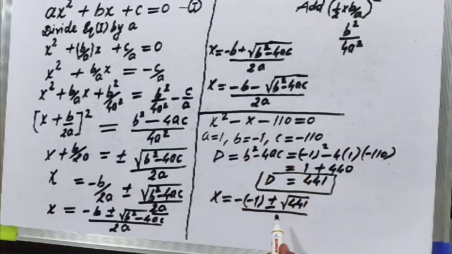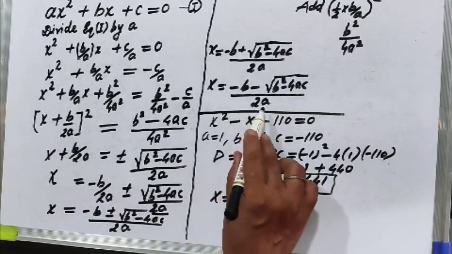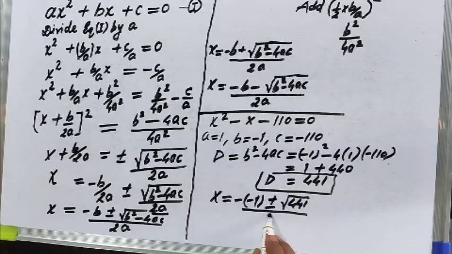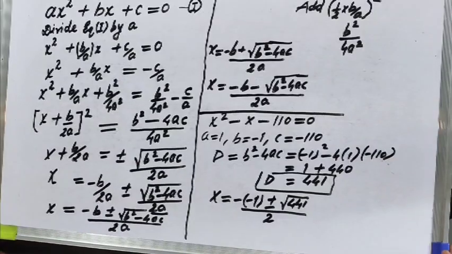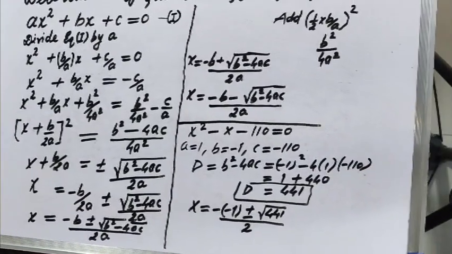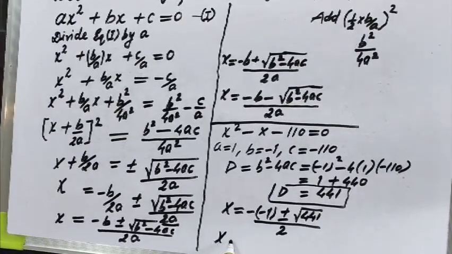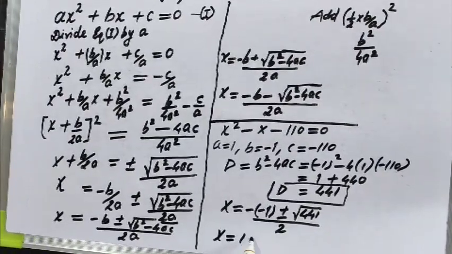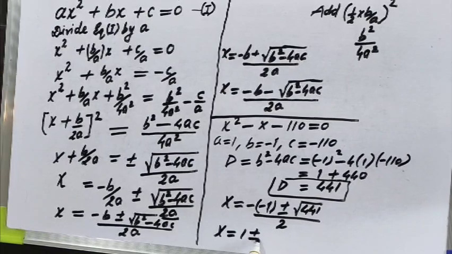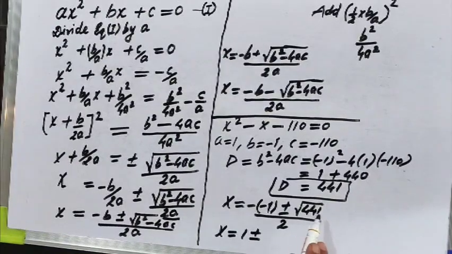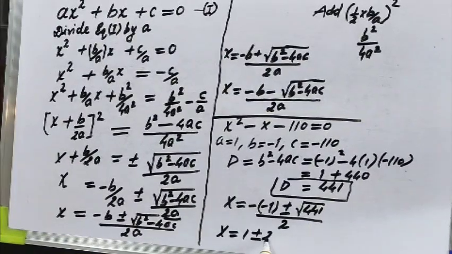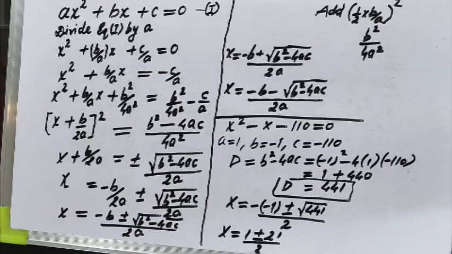Because a is 1, 2 into 1 is 2. So you get two values. These values are x equal to 1 plus minus root of 441, which is 21, divided by 2.